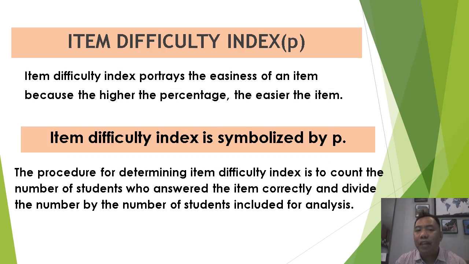Item difficulty index portrays the easiness of an item, because the higher the percentage, the easier the item. Item difficulty index is symbolized by the letter P. The procedure for determining item difficulty index is to count the number of students who answered the item correctly and divide the number by the number of students included for analysis.